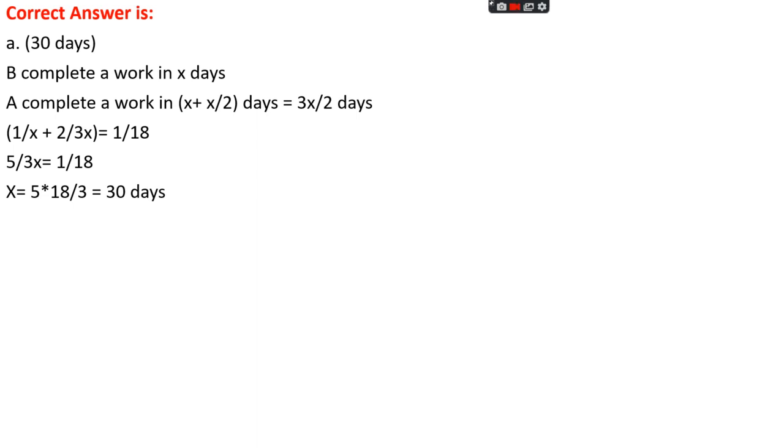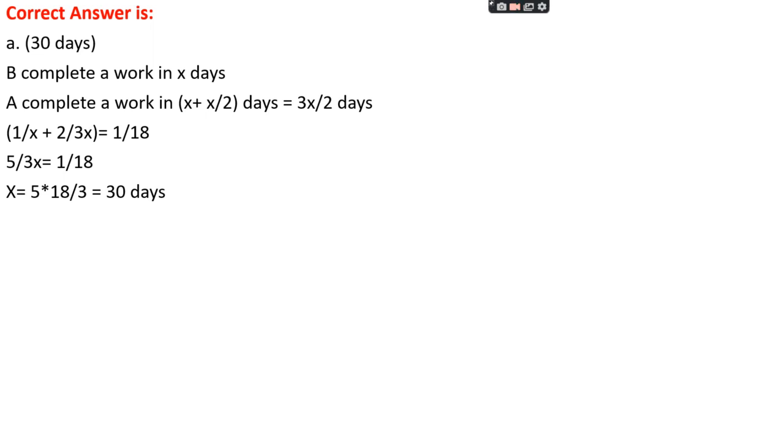Let B complete the work in X days. A completes the work in X plus 50% more time as compared to B, that is X by 2, which is 3X by 2 days. They did the work, 1 by X plus 2 by 3X is equal to 1 by 18. That is 5 by 3X work in a day, which is 1 by 18 of the work.